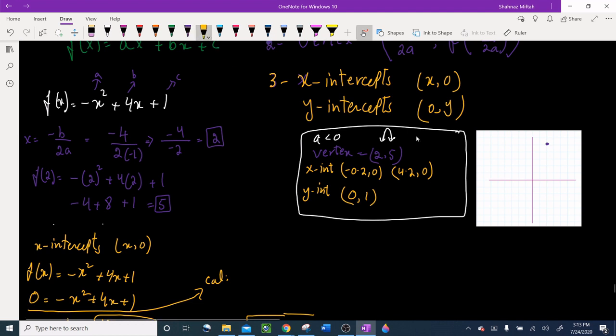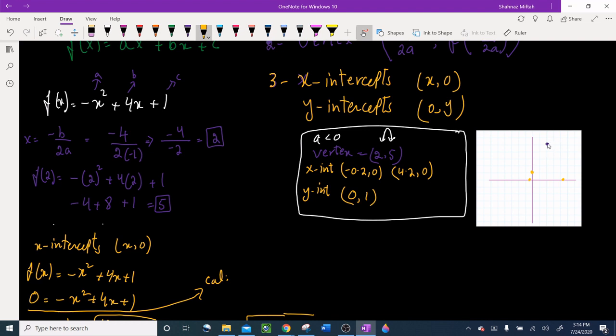Then I have x-intercept negative 0.2, which is right there. I'm approximating. Negative 1 is right here, and negative 2 is supposed to be up here somewhere. Then I have 4.2, so 1, 2, 3, 4.2 is somewhere here. Then we have the y-intercept, which is (0, 1), right there.